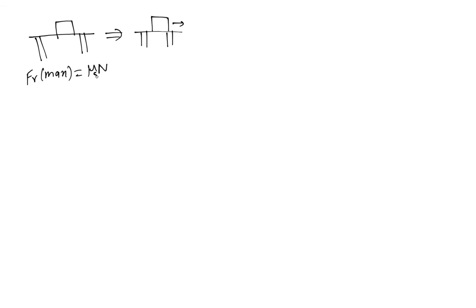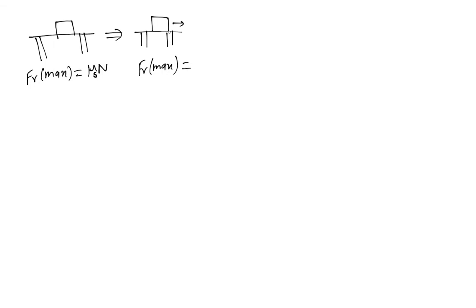Let's put a subscript s to differentiate the two cases. What is s? S means static, which means the body is not moving. But as the body starts moving, there is some sort of smoothness that comes between the two surfaces. Rubbing causes smoothness. If you rub your hand, the surface becomes smooth.